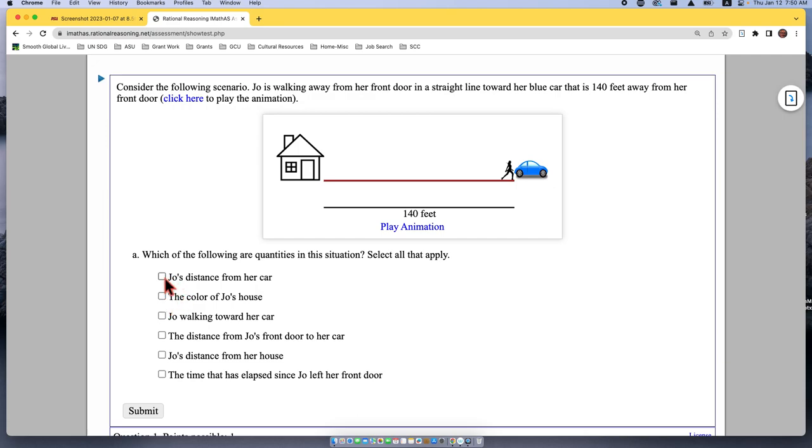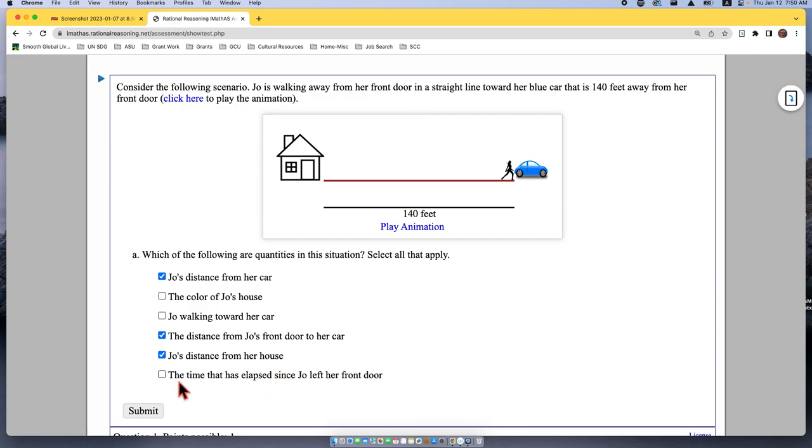But anyway, distance from her car, that's something you could measure. Joe walking toward her car, well, the distance from Joe's front door to her car, that's a quantity. The fact that she's walking, there's not a number associated with that. Joe's distance from her house, distance, that can be measured, that's a quantity. The time that has elapsed, time can be measured.